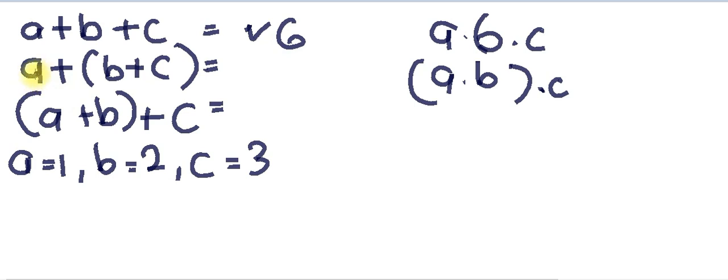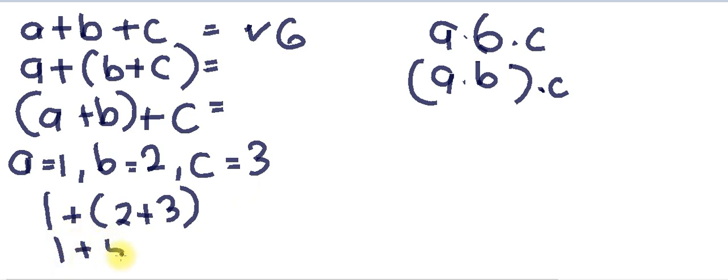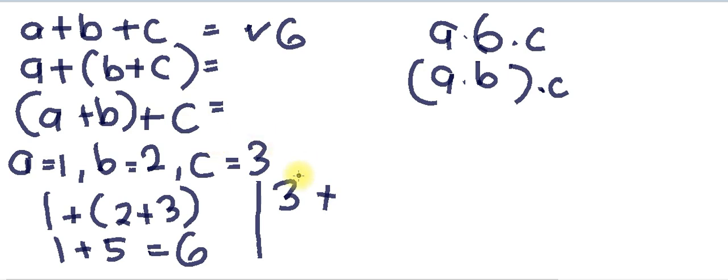If we solve the parentheses first, a is 1, and in parentheses b plus c is 2 plus 3, which is 5, so a plus 5 is still 6. Let's say we have, in parentheses, a plus b, which gives us 3, and then plus c is 3, we still get 6. Meaning this equation is correct.